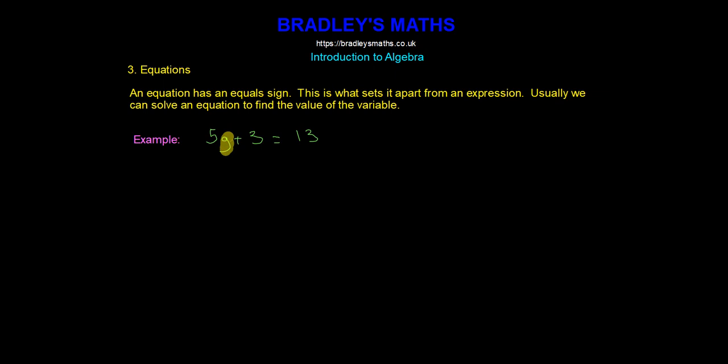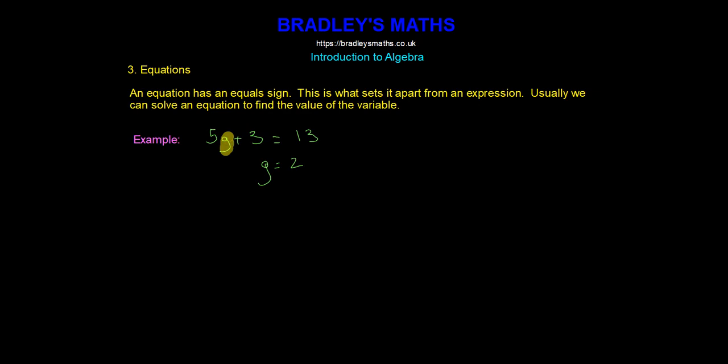Now, as it happens, this is a fairly easy equation to solve. I'm not here today to teach you how to solve equations, but what I am going to tell you is that G equals 2.